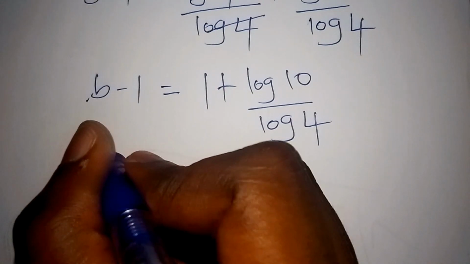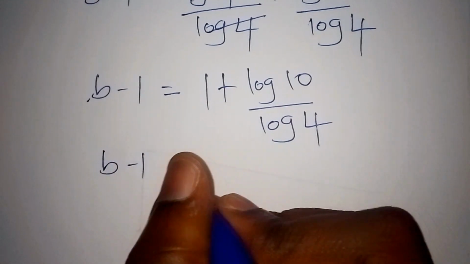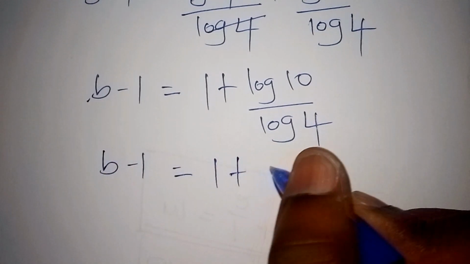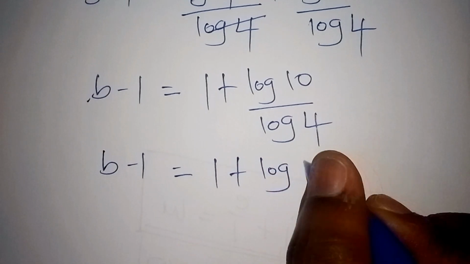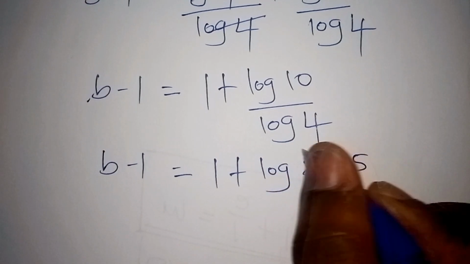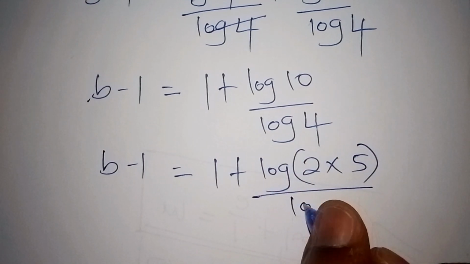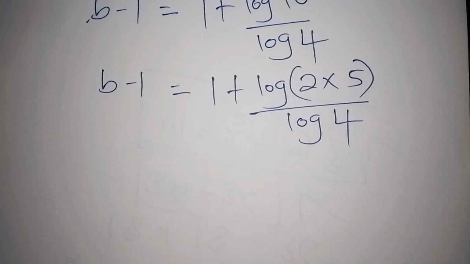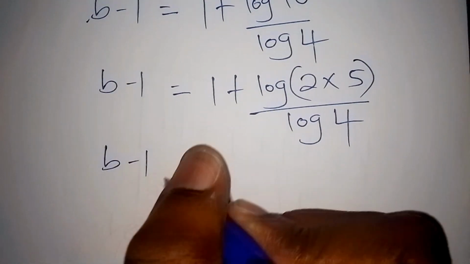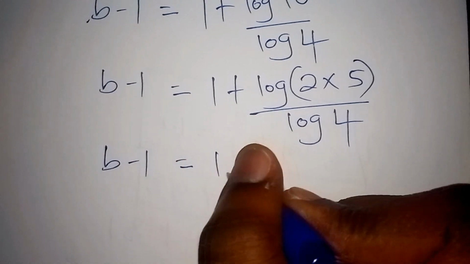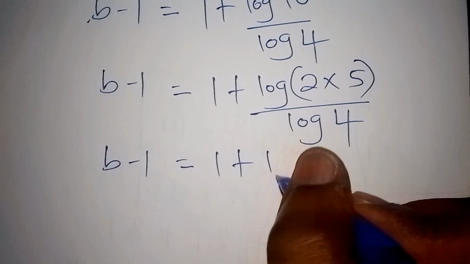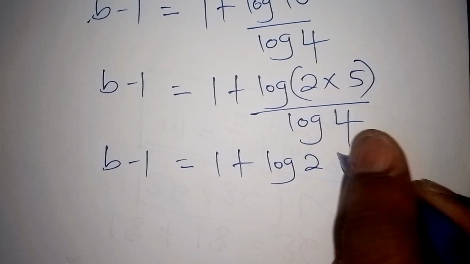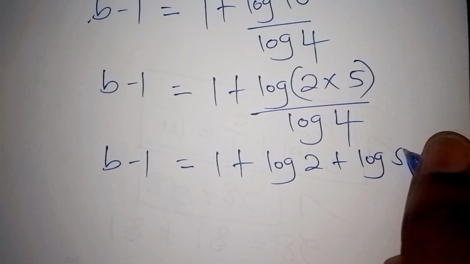So b minus 1 is equal to 1 plus the log of 10, which can also be written as the log of 2 multiplied by 5, all over the log of 4. So b minus 1 is equal to 1 plus the log of 2 plus the log of 5 all over the log of 4.